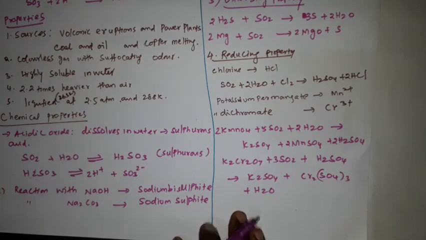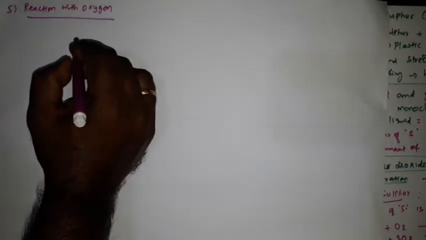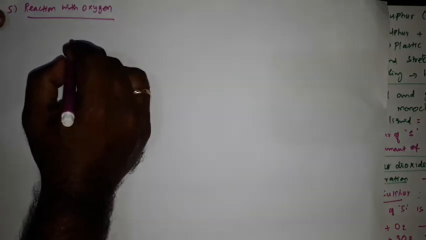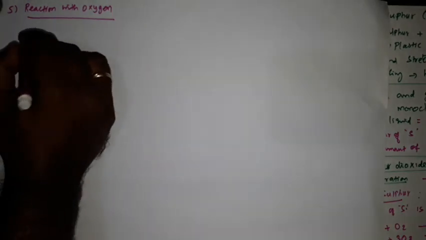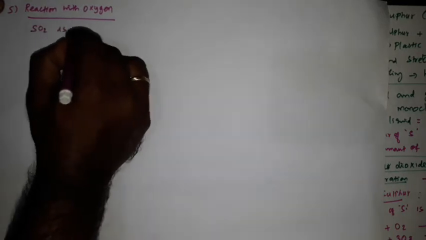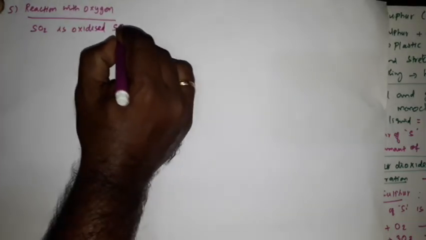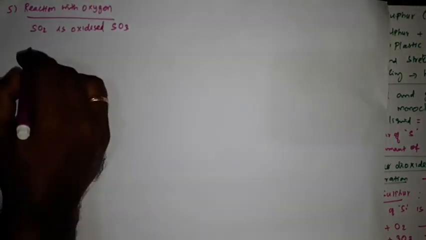Next one, fifth one, reaction with oxygen. So sulfur dioxide, when it reacts with oxygen, it will be oxidized to sulfur trioxide, SO2 to SO3.